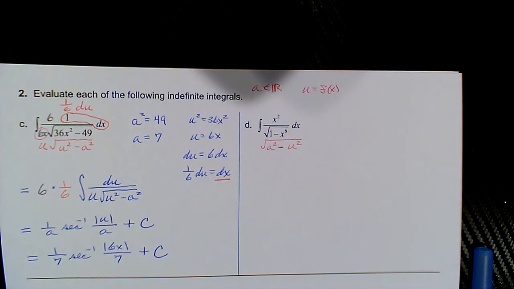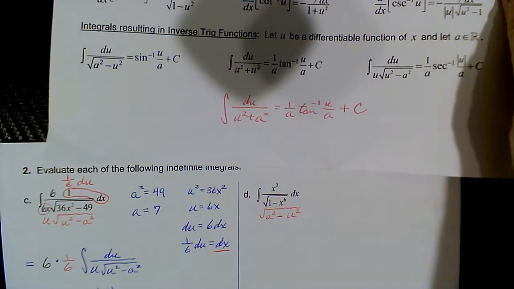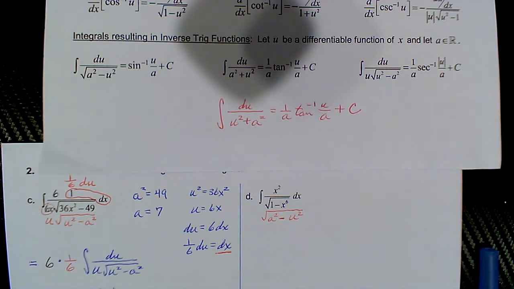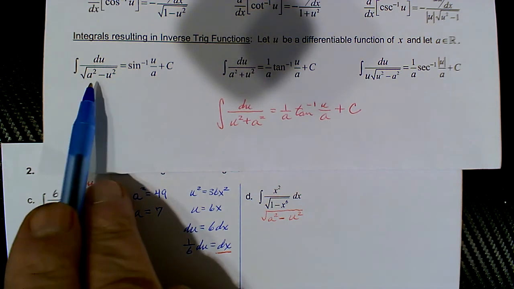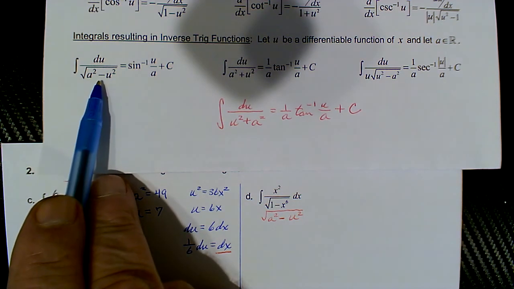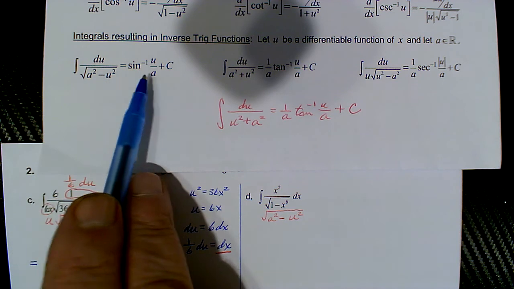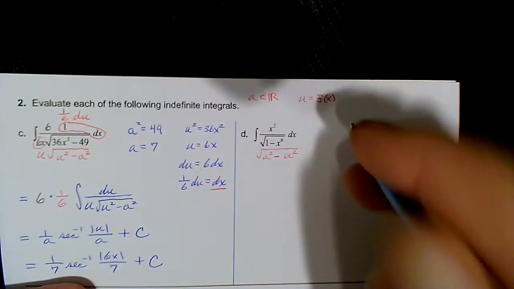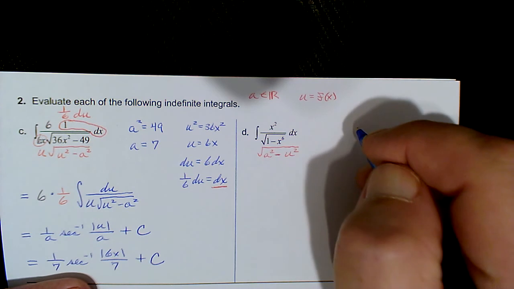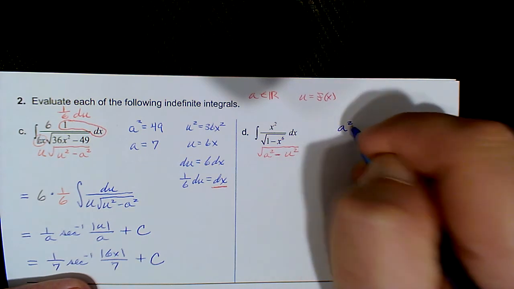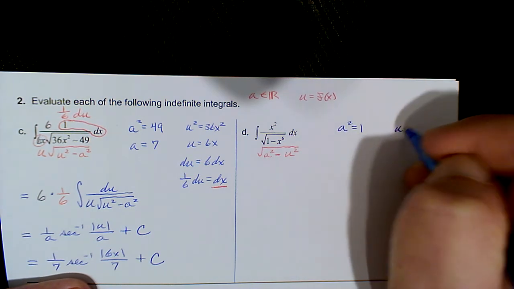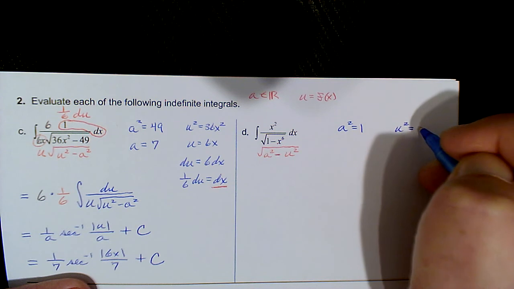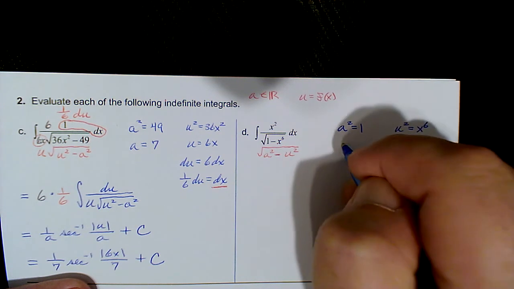And then if you want some reassurance before you continue, look at the formula sheet, and you see that we do have something of that form, square root of a squared minus u squared in the denominator, that results in the inverse sine of u over a. So following through with the particulars, a squared will be 1, u squared x to the 6th.